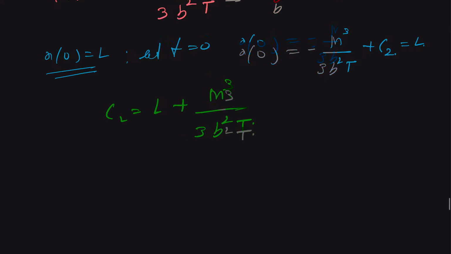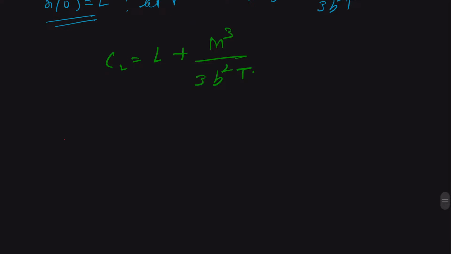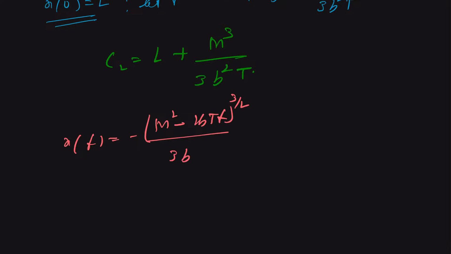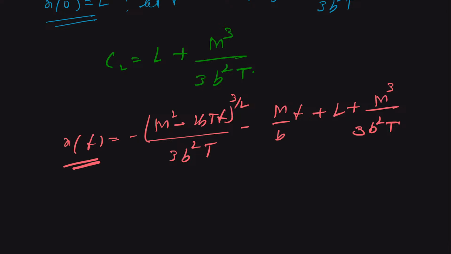It means the final expression for our distance with respect to time will be equal to minus (m square minus 2bt) to the power 3/2, and this is over 3b square t, minus m upon b t, and we have a constant that is plus L plus m cube over 3b square t. So this is our time dependent equation of our distance.